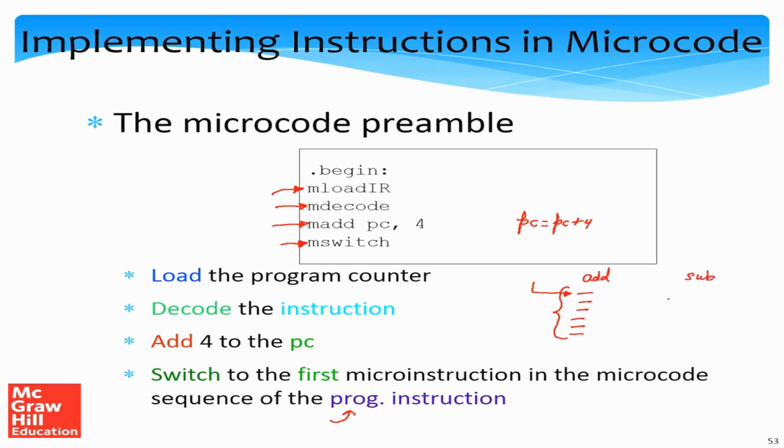Subtract will have a separate microprogram. So whenever we encounter subtract and we have decoded it, when we call mswitch, it will move the micro PC to the first micro instruction in the part of the microprogram that is specific to the subtract simple RISC instruction. So the preamble remains common. So all instructions will have to execute the preamble first, which are these 4 micro instructions. These are absolutely common. After this, the micro instructions will be different.